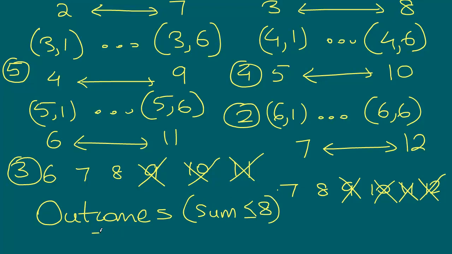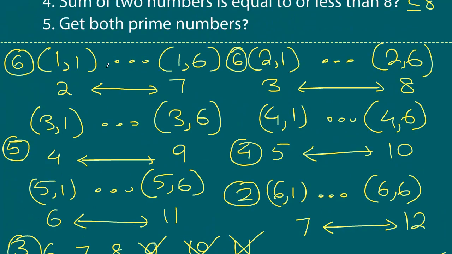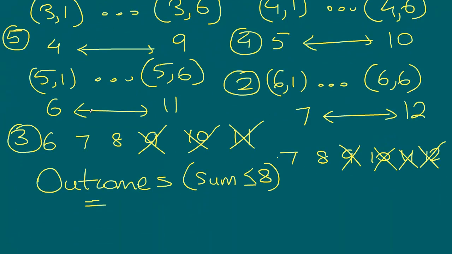How many such outcomes have we identified so far? 6 plus 6, 12, plus 5, 17, plus 4, 21, plus 3, 24, plus 2, 26. 26 outcomes are favorable to the event that the sum of two numbers is less than or equal to 8.